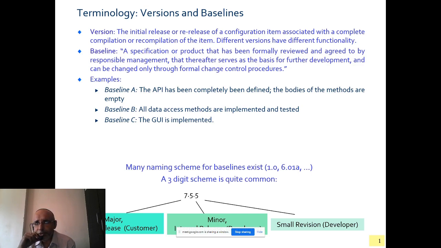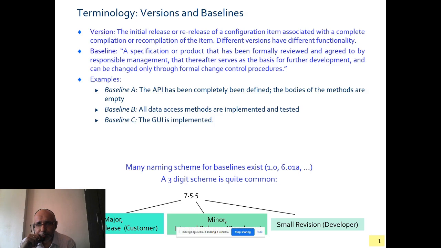The versions are informally governed. It happens to be compilation and the recompilation of the items again and again till we reach out to the conclusion. Now this is not happening with the baseline, right? So baseline A, the API has been completely identified and the bodies of the methods are empty.